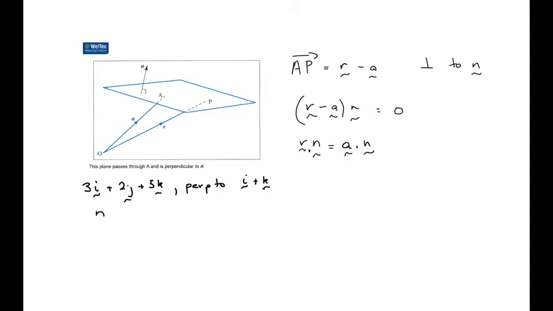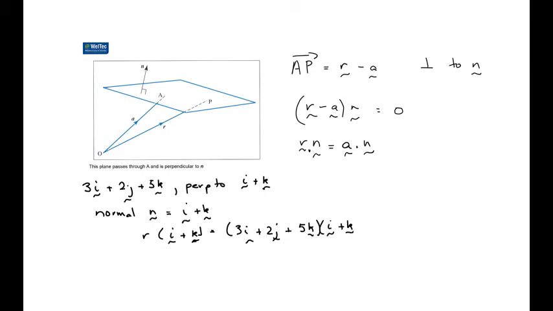So the normal is going to be i plus k, and r times i plus k is going to be equal to 3i plus 2j plus 5k times n, which is i plus k, and working out the right hand side gives us that 3 plus 5, so that's equal to 8.